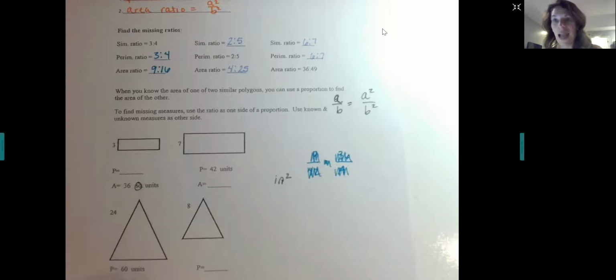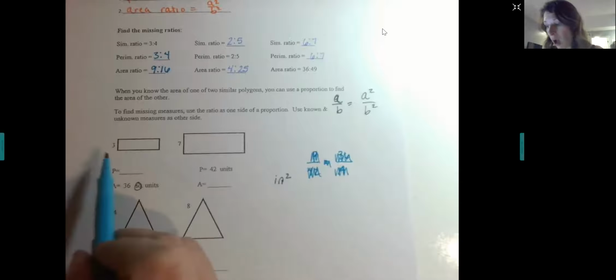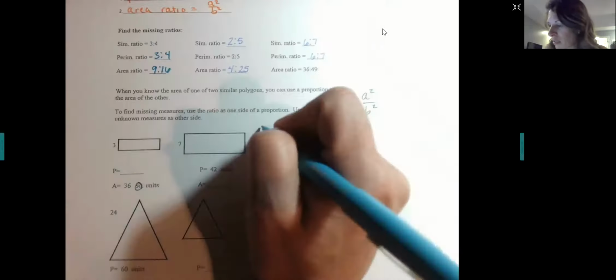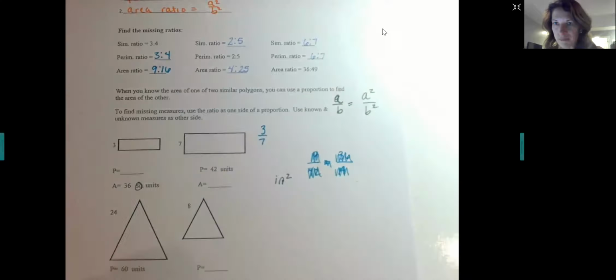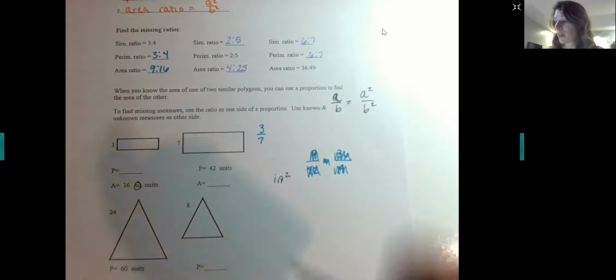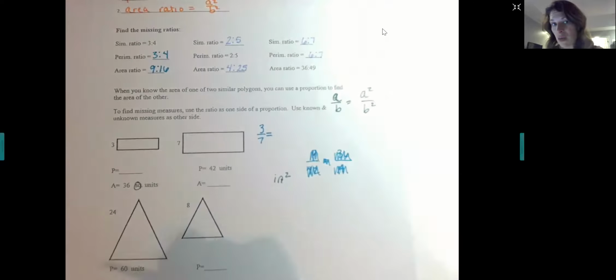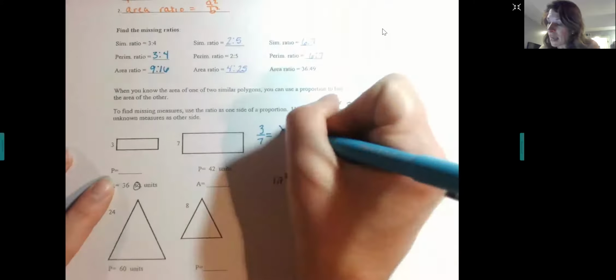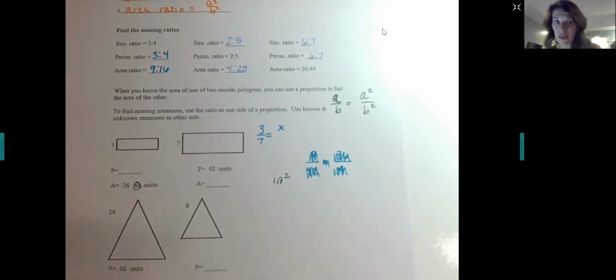Here, I have to find my similarity ratio of my rectangle. That similarity ratio, hopefully you see, is 3 over 7. Now, I need to find both my perimeter and my area. Remember, my perimeter ratio is the same as my similarity. So 3 over 7 is equal to, and then I'm going to put my perimeter. I don't have the perimeter for the small one, so that means I have to put a variable there, an x.